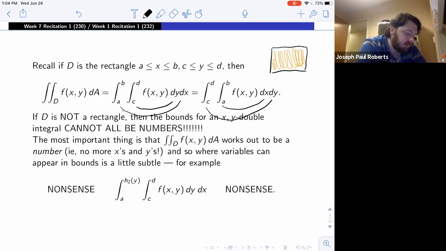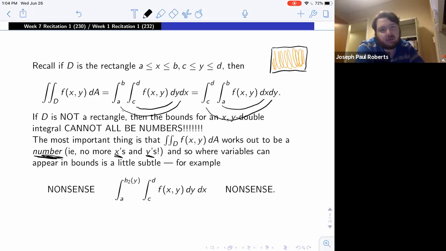Just to refresh your memory of which types of setups make sense, the number one cardinal rule is that the answer has to work out to be a number after you do the iterated integral. By a number, I'm not talking about scalar versus vector. I'm talking about variable versus constant. So your answer has to be a number, not a function of x and y.